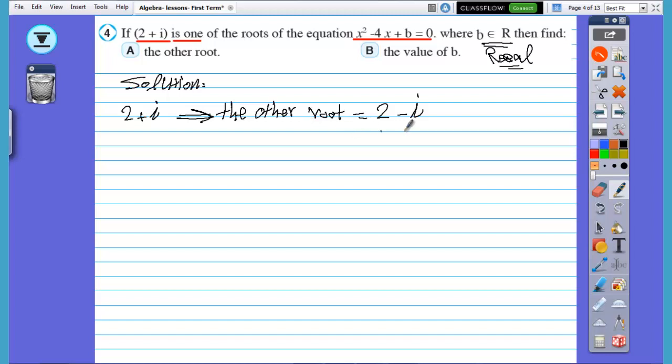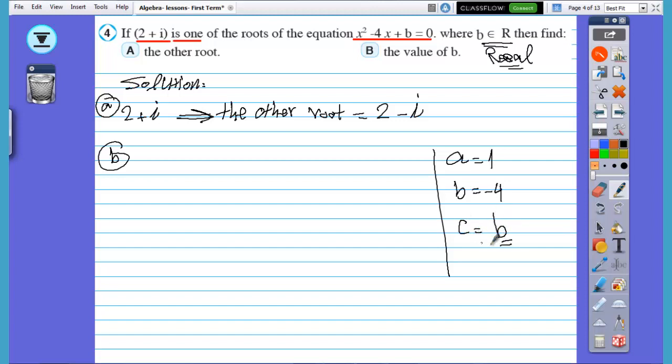So the other root equals 2 minus i, so here is the solution of the first part. B, find the value of b. B here is c. Now when we want to write the coefficients of this equation, a equals 1 and b equals negative 4 and c equals positive b.